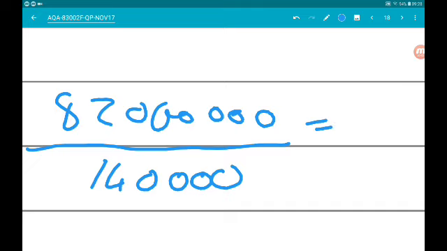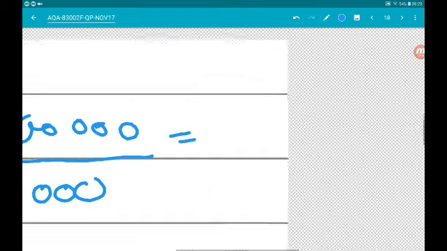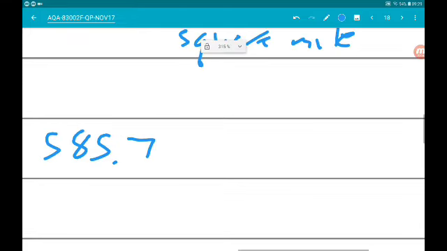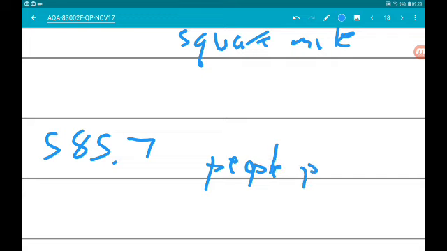Okay, let's see what that's going to give us. Okay, so that gives us 585.7. And again, that's people per square mile.